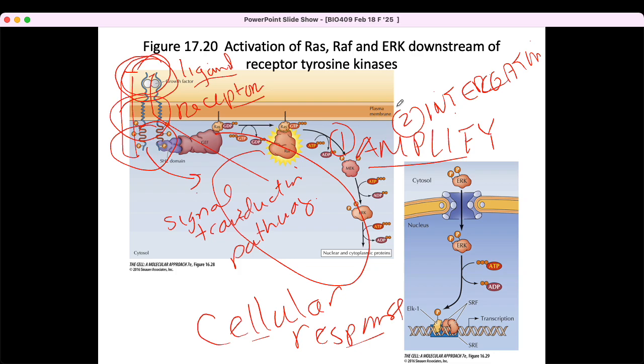And it's a G protein because it's always bound to either GDP or GTP. It's inactive when it's GDP, and the way it gets activated is it exchanges the GDP for GTP with the help of this GDP exchange factor protein. And then it's active, GTP. It stays active until it cuts GTP back down to GDP, and then it's inactive.